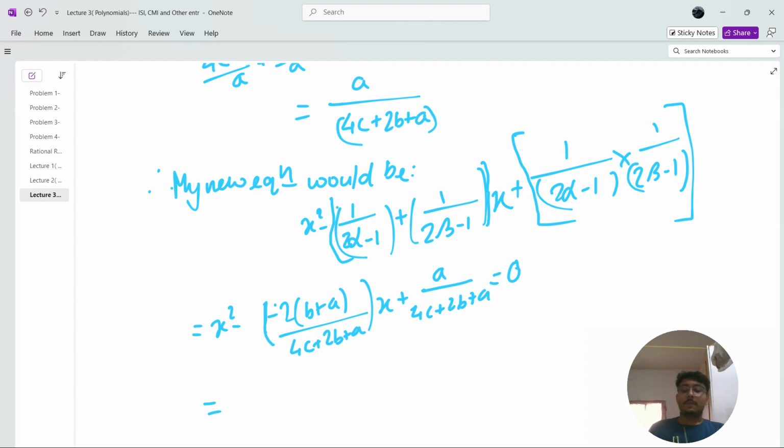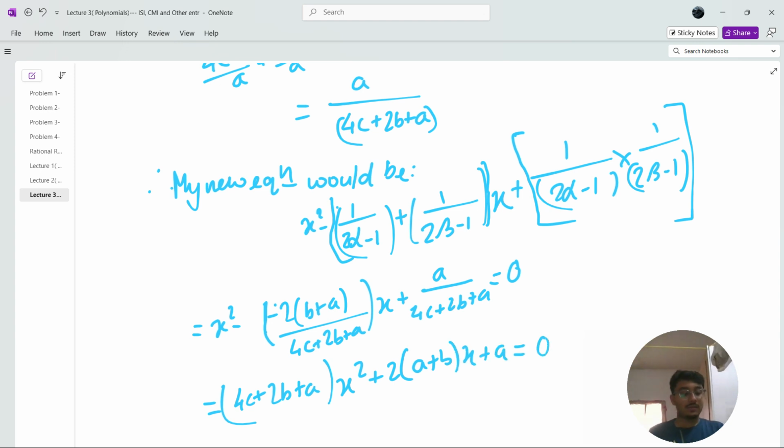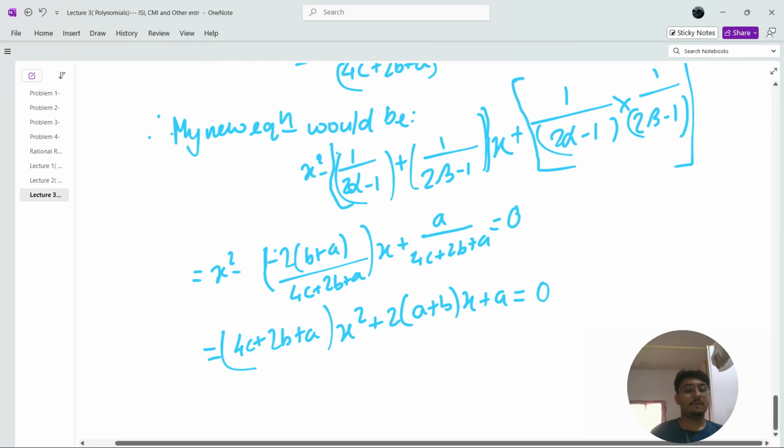The denominator is 4c plus 2b plus a, we're multiplying them, so basically 4c plus 2b plus a of x square minus minus plus, so plus 2 into a plus b of x plus a equals 0. So this is the final answer.